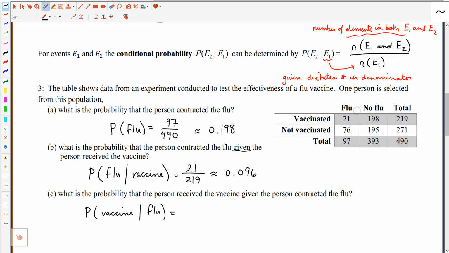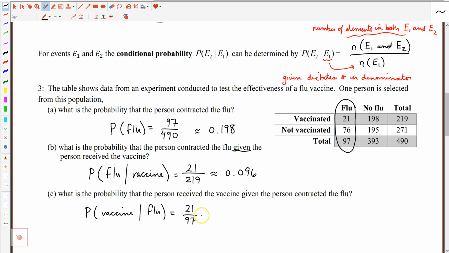At this point in time, the person has to have the flu. So I'm now looking at these people, right? They have to have the flu. There are 97 people that have the flu. Out of those 97 people, how many of them got vaccinated? 21. Notice they're still the same people that have both, but the change between these two problems is that the given information changed the denominator I reported.